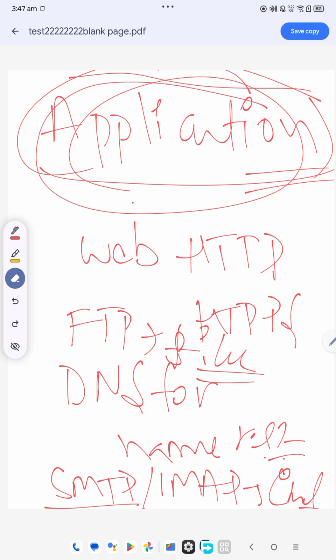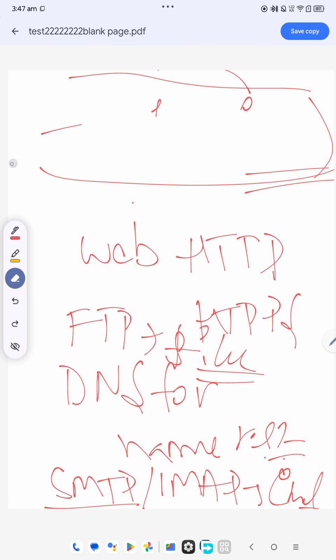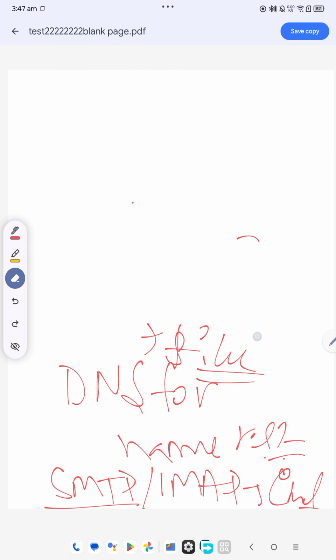Okay, this is about the OSI layers, 7 layers. I think we understand this. Now, the OSI model versus reality: the OSI model is only used as a reference.